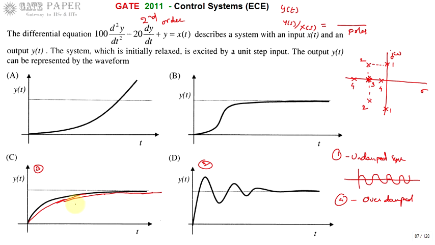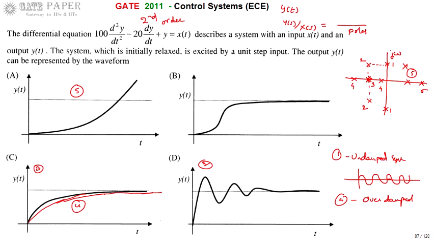There is one more, fifth case. If at least one of the poles is on the right half of the s plane, then the system is unstable, because the output increases exponentially as time increases.